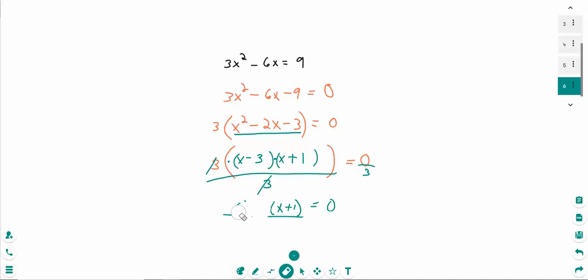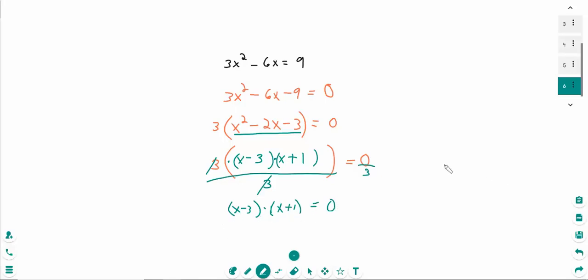All right, so now I got to erase a bunch of stuff here. All right, so once again, we're left with this x minus 3, x plus 1. Okay, and at this point, we see that now we have our factors that need to equate to 0.